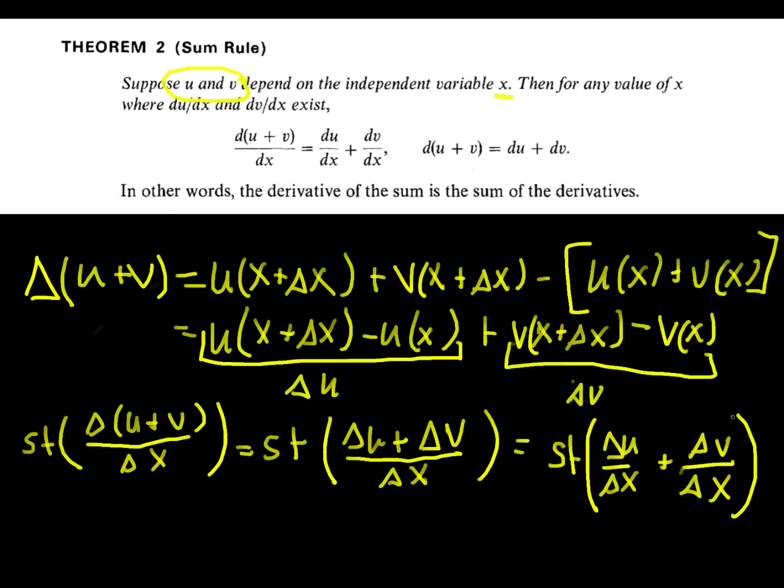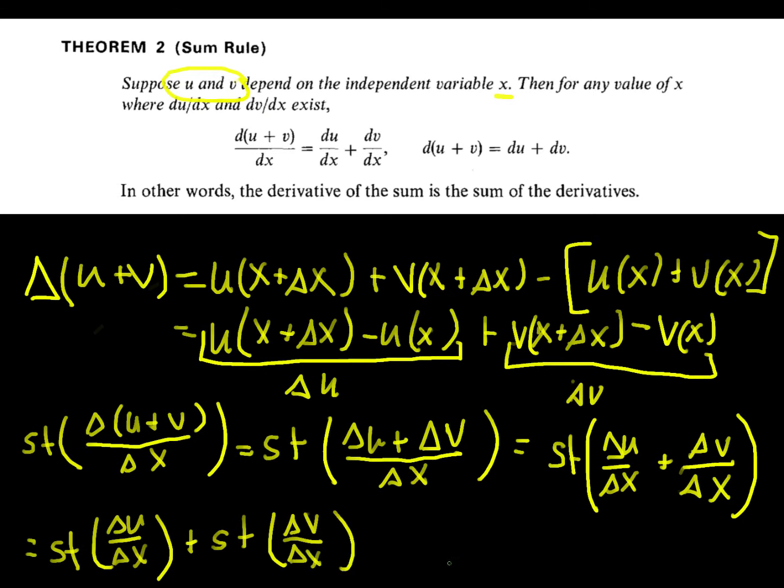And then standard parts distribute across addition. So this is the standard part of change in u over change in x plus the standard part of change in v over change in x, which is the derivative of u with respect to x plus the derivative of v with respect to x.